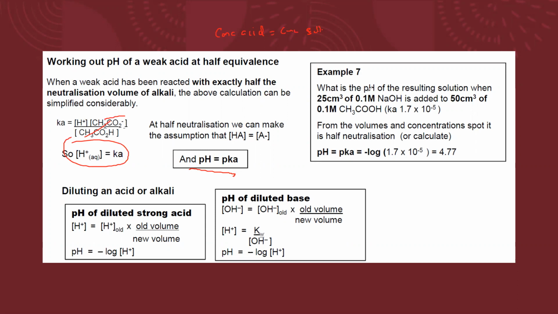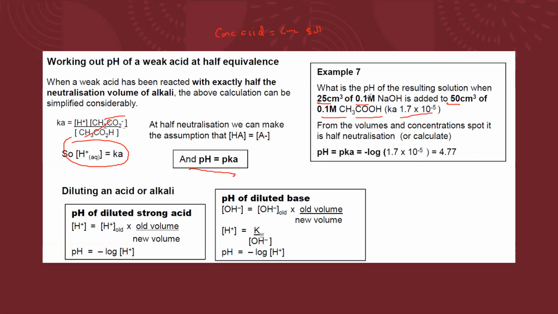So, example: what is the pH of the resultant solution when 25 cm cube of 0.1 mole sodium hydroxide is added to 50 cm cube of 0.1 mole ethanoic acid? The dissociation constant is 1.7.